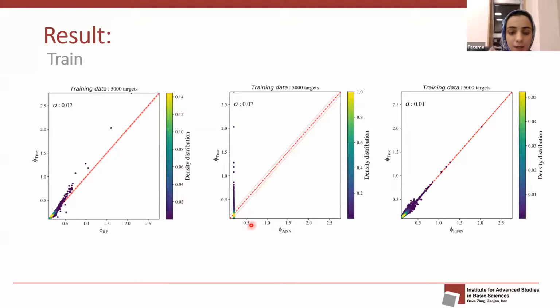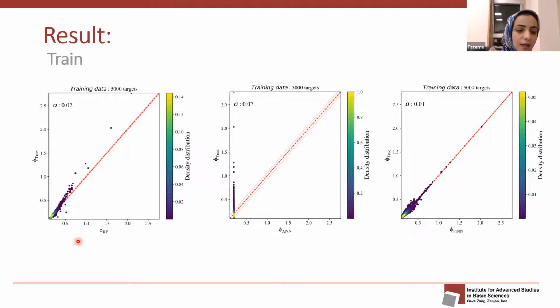And I think this is because our data are imbalanced and it couldn't work well, because at higher potential we have a lower number of data compared to the low potential.